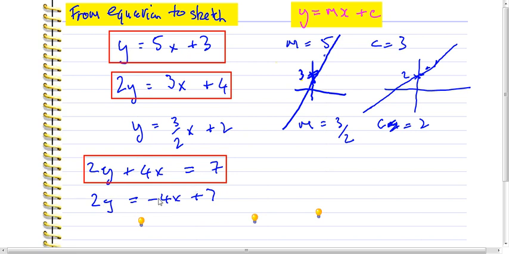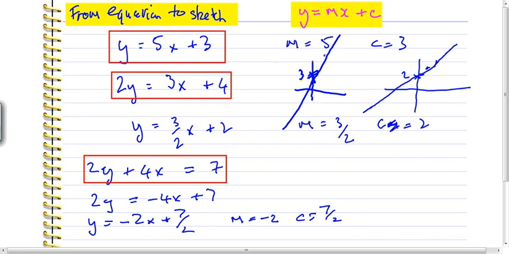So we get 2y equals minus 4x plus 7. Then we can divide by 2 and we get y equals minus 2x plus 7 over 2. Then we're finally able to compare with our standard form. Our gradient is minus 2, that's the number in front of the x, and our y-intercept is 7 over 2.